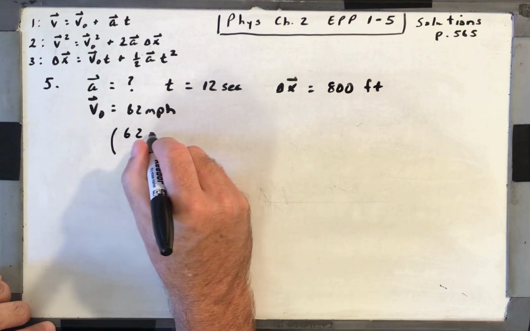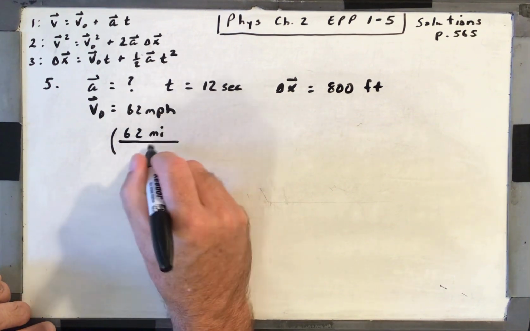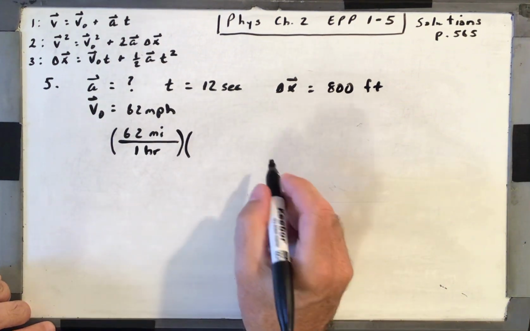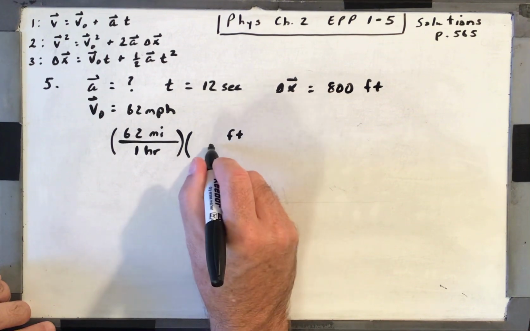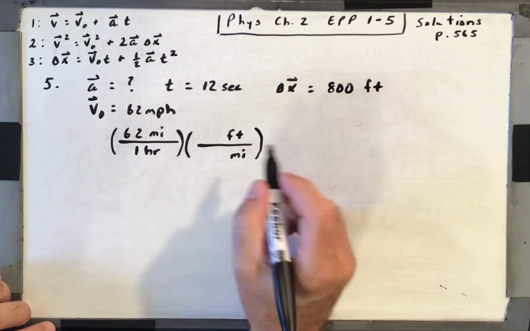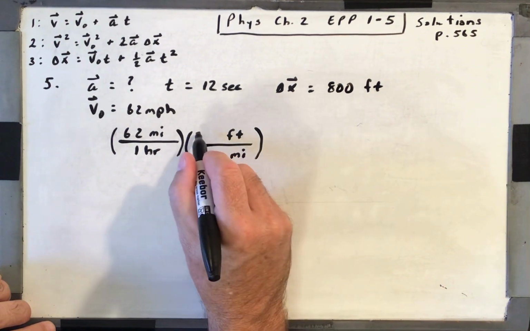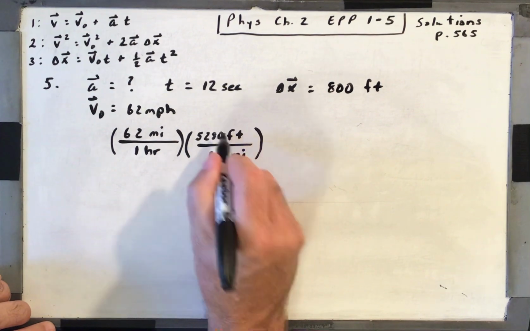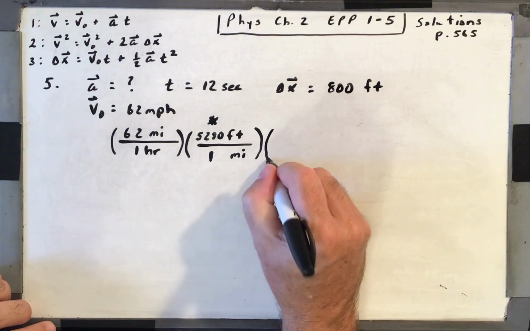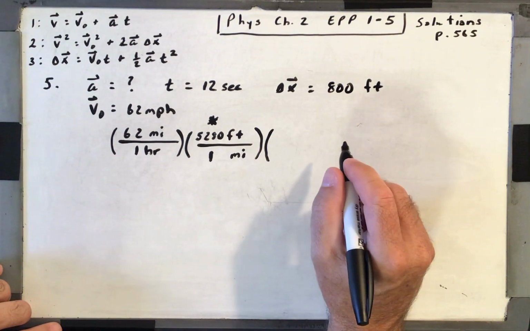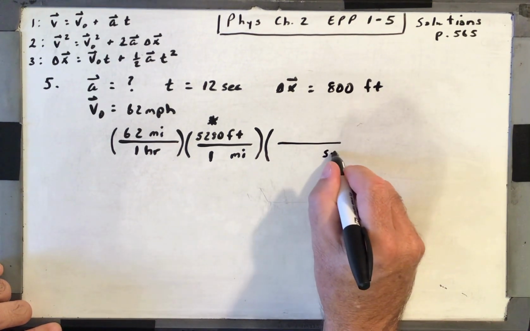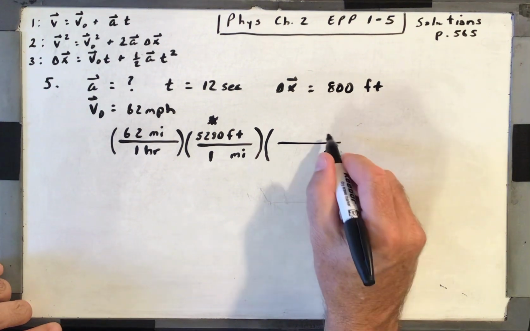All right, so we use the factor label method, 62 miles per hour, so just 1 hour. We want to get feet per second, so let's put feet on the top, miles on the bottom. That'll get rid of miles. Mile is bigger, so put the 1 by it, and there's 5,280 feet in a mile. That's a number you need to know. 5,280 feet in a mile. All right, and now we need feet per second, so we'll put seconds on bottom and hours on top.